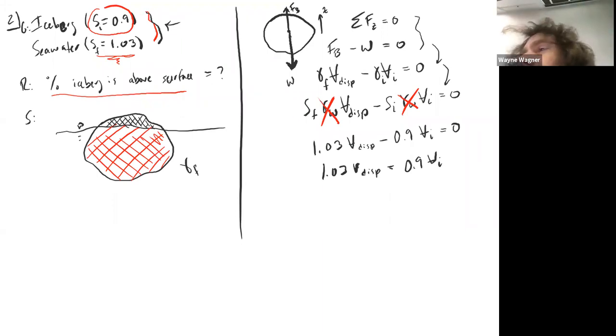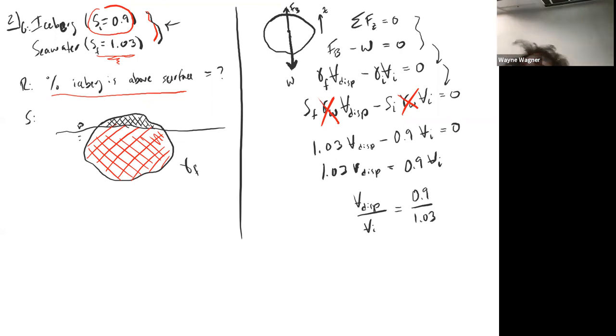And so what I can do then is rearrange this so that volume displaced over the volume of ice equals 0.9 over 1.03, which if I plug into my calculator, which is a really nice thing to have, equals 0.87387379.